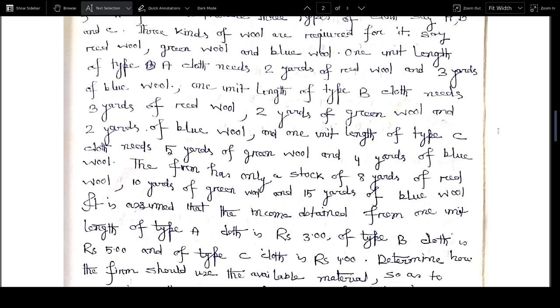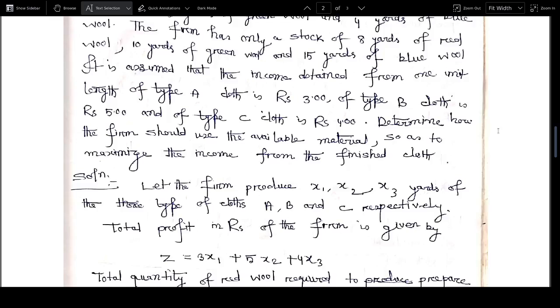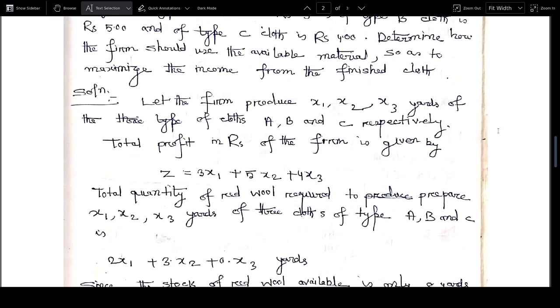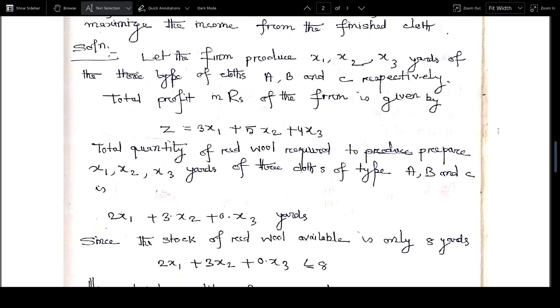For cloth B the profit is 5 per unit, so x2 will be 5x2. Similarly for C, profit is 4, so x3 will be 4x3. So total Z equals 3x1 plus 5x2 plus 4x3, and this is to be maximized. Max Z equals this.